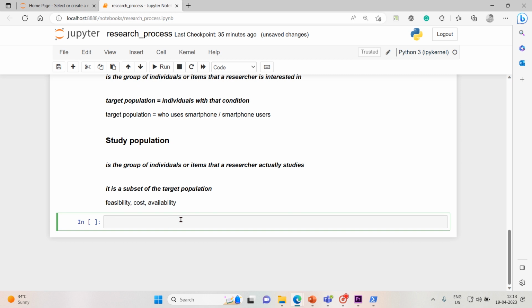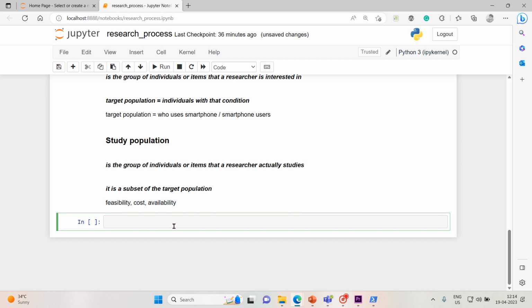It is impossible to study everyone, even to ask them to take up the survey. So though we have a big target population, out of that we actually interview, we actually question, maybe 60 to 70% of them. They are called the study population.